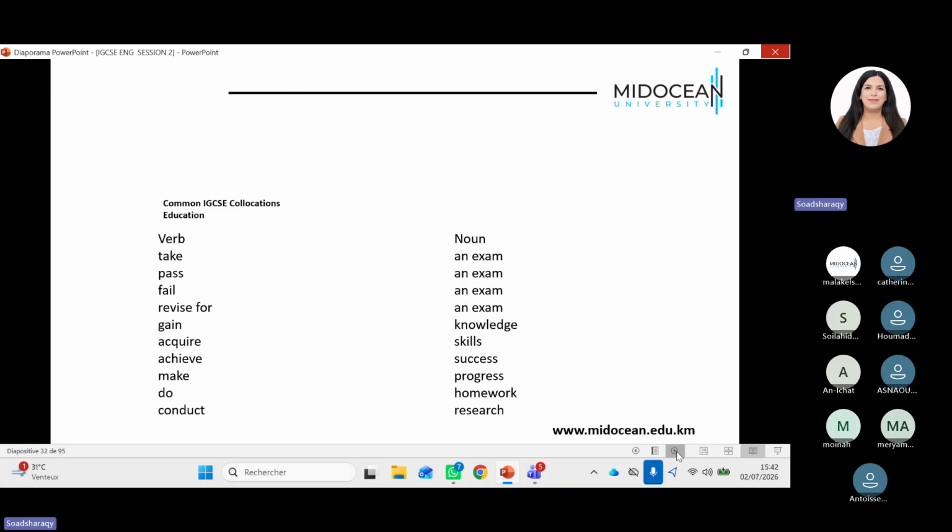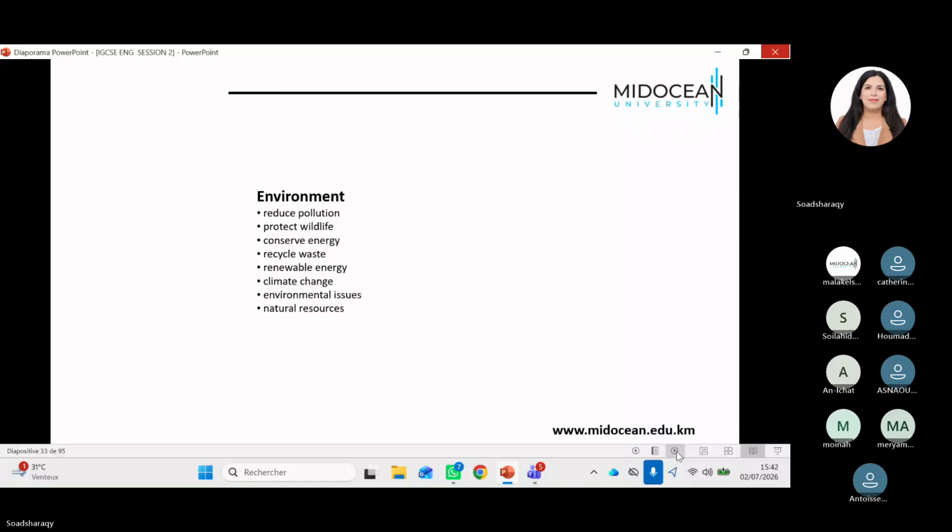Another example here, we have collocations about the environment, like, for example, reduce pollution. We say protect wildlife, conserve energy, recycle waste, renewable energy, climate change, environmental issues, and natural resources.